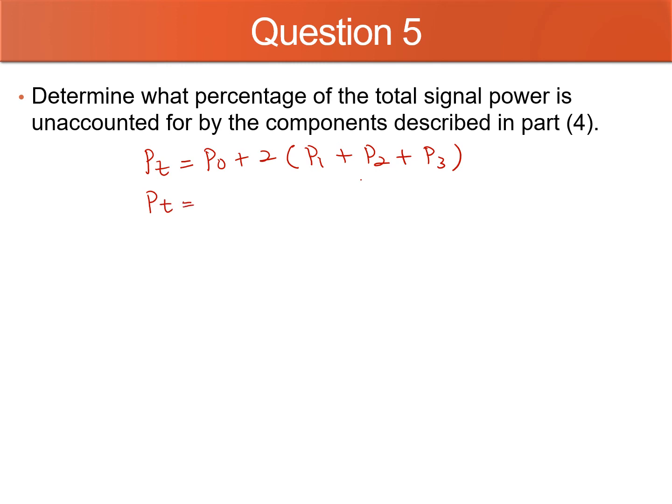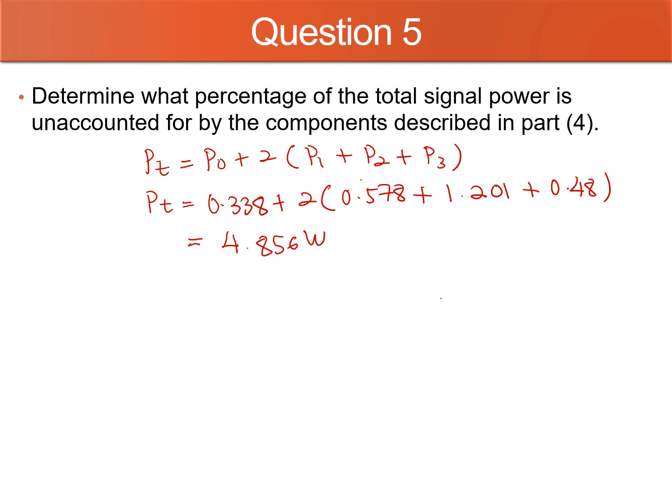PT equals P0, which is 0.338, plus 2 times 0.578 plus 1.201 plus 0.48 watt, and is equal to 4.856 watt.